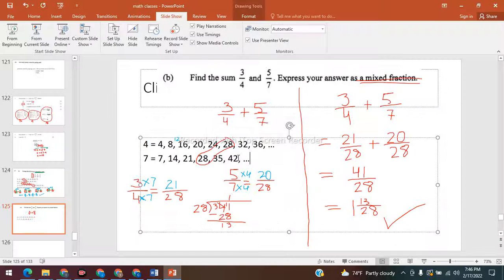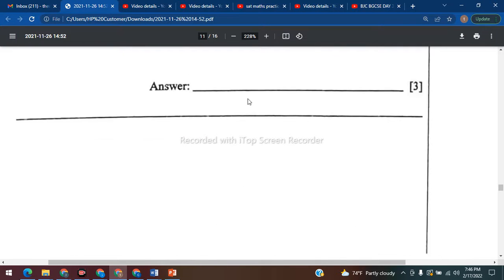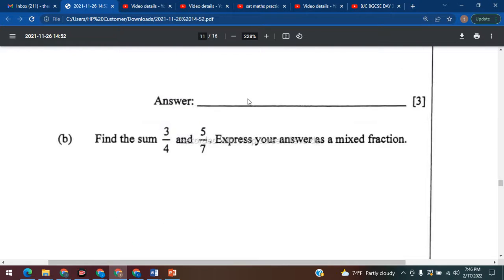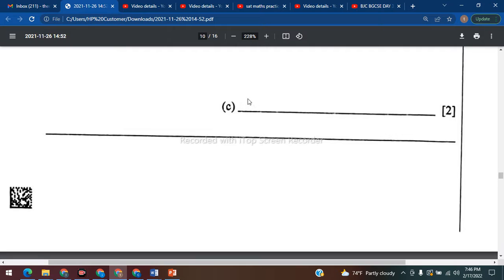Okay, so that one was familiar, unfamiliar, easy, difficult? Some parts were familiar. Easy. Nancy says easy. I like that y'all are using that word easy for maths.